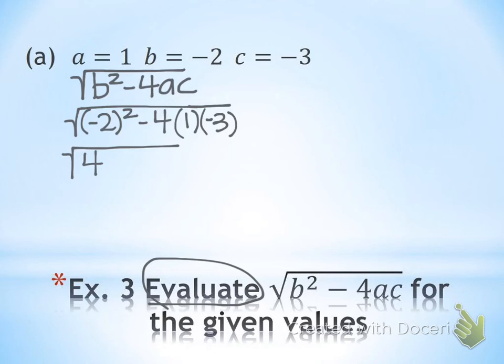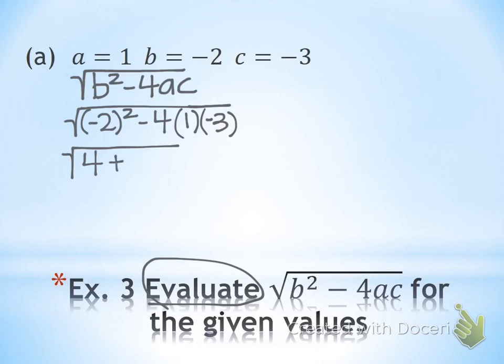Now, I've got options here. I can plug exactly what I see, which is negative 4 times 1 times negative 3 into my calculator. Or I can figure out if my answer is going to be plus or minus. How many negative signs are in this portion of the problem? If there's an even amount of negative signs, then is my answer going to be positive or negative? Positive.